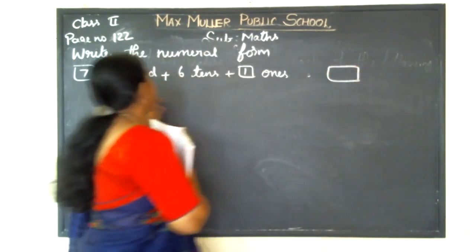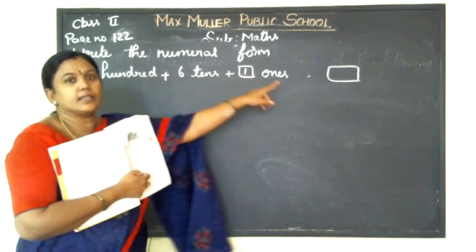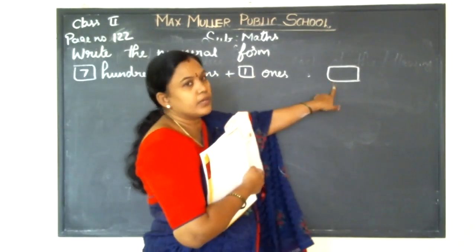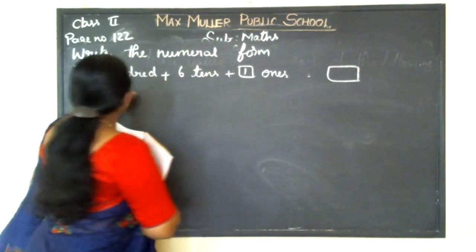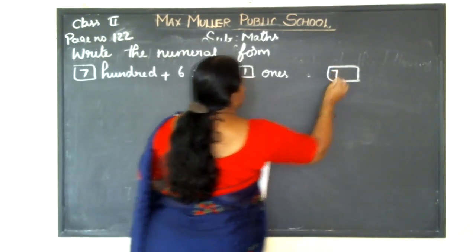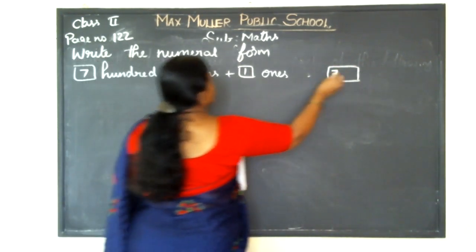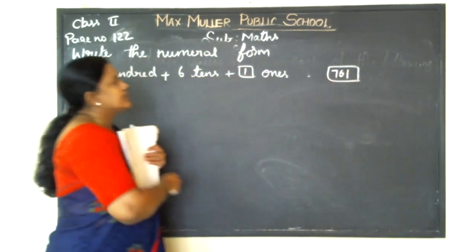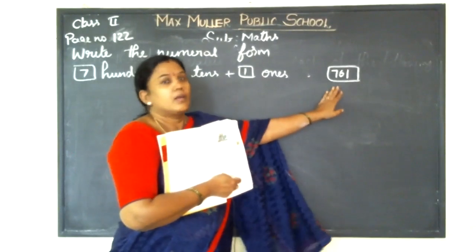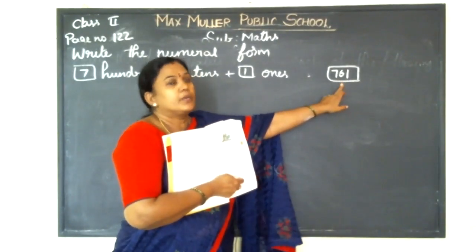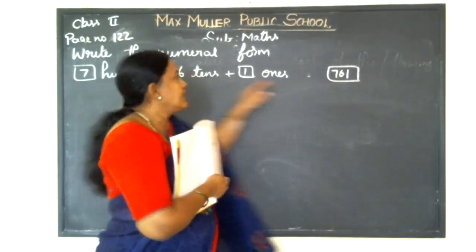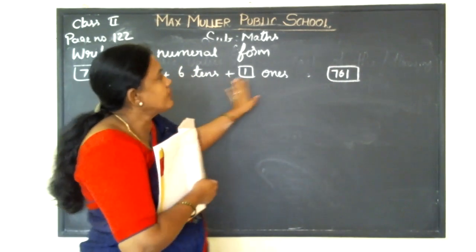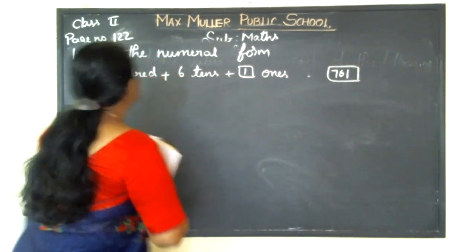See, they are already given in the words. You want to write in the numbers. In the box, you want to write in the numbers. Here 700. So first you will write 700. 6 tens means 6 in tens place, 1. 761. This is the numeral form. Numeral form means number you want to write. They given in the expanded form. You write in the short form.